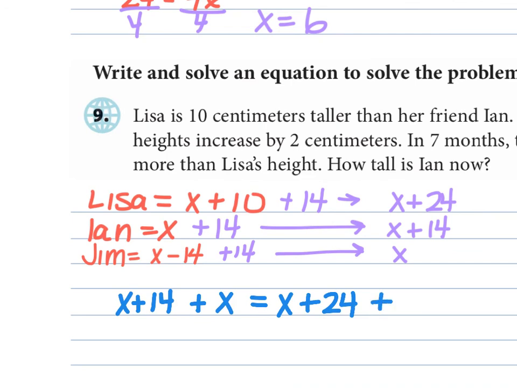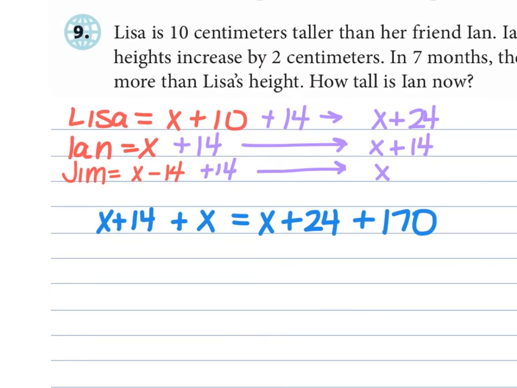More than means plus 170. So now from here, combine like terms if you can. The 24 and the 170. You have x plus 14. Oh, sorry, 2x. So we're going to do 2x because x and x. 2x plus 14 is equal to x plus 194.